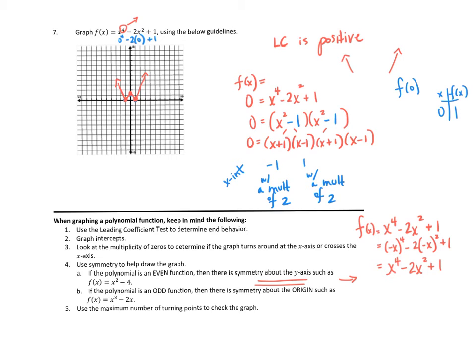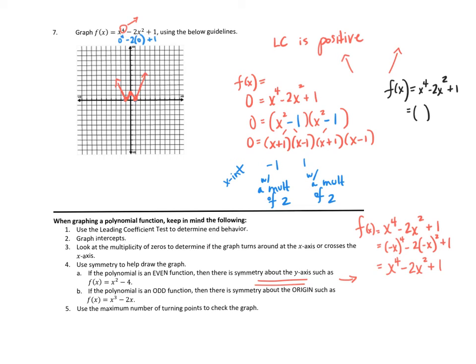It looks like we could, of course, get some more points to be a little bit more exact. Like if you wanted to plug in, say, x is 2, then give myself a little bit of space here. You could go and say, okay, my function is f of x equals x to the fourth minus 2x squared plus 1.